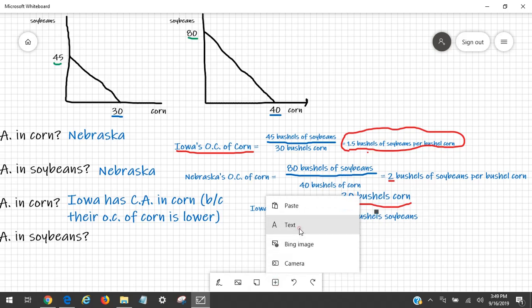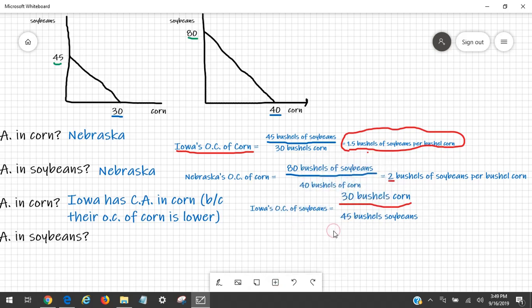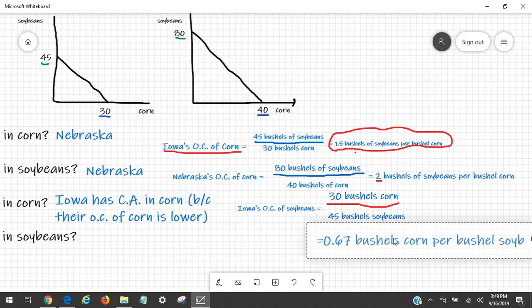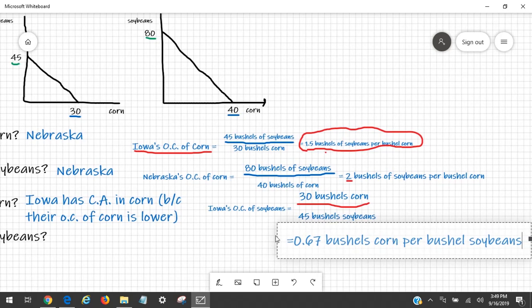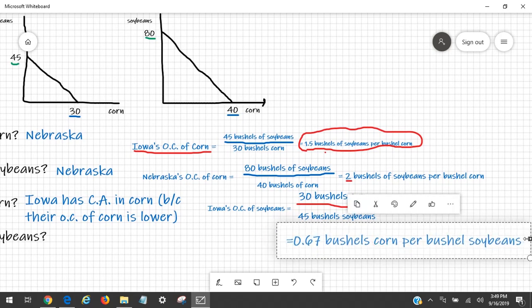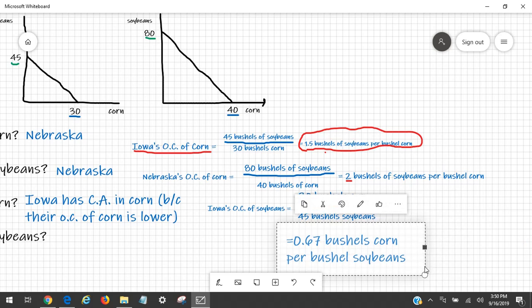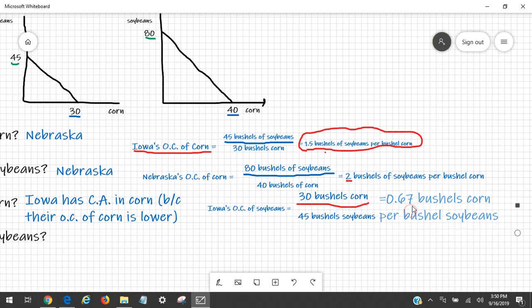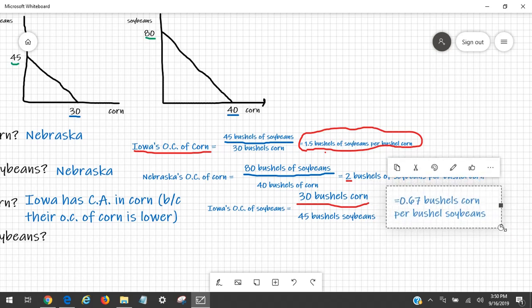So Iowa's opportunity cost of soybeans equals 0.67 bushels of corn per bushel of soybeans.